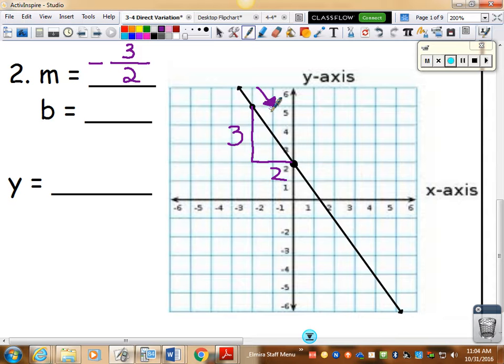My b is that y-intercept point right here at 2. So I will sub in y equals -3/2 x plus 2.